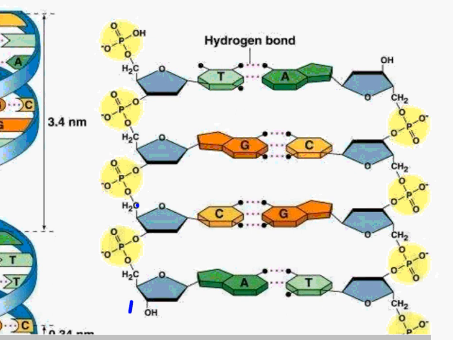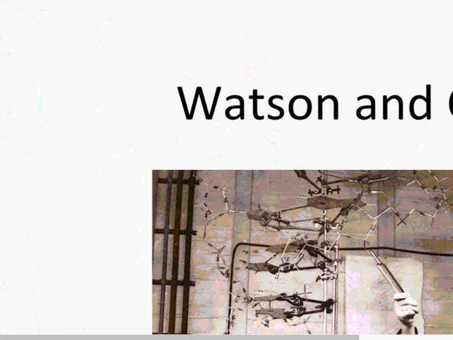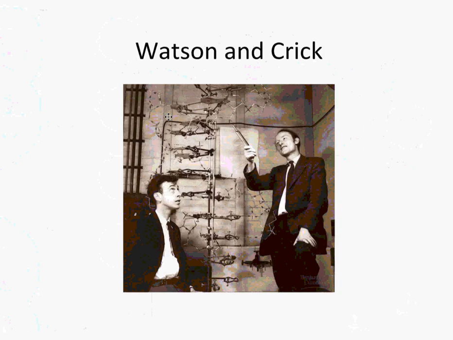A couple more things about DNA. These two guys here were credited with discovering the structure of DNA. In 1953, they were the first to build this model of DNA showing the two complementary sides, the A's, T's, C's, and G's. And they used the work of many other scientists that led up to that discovery.